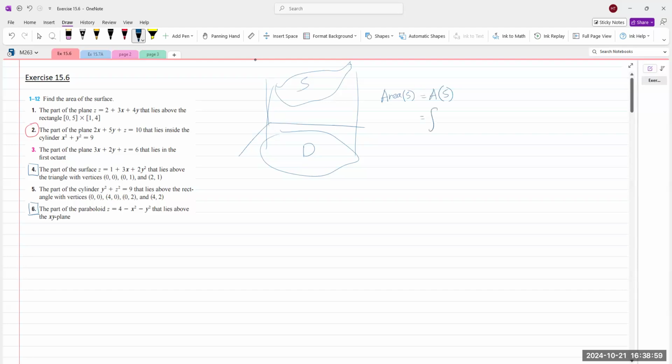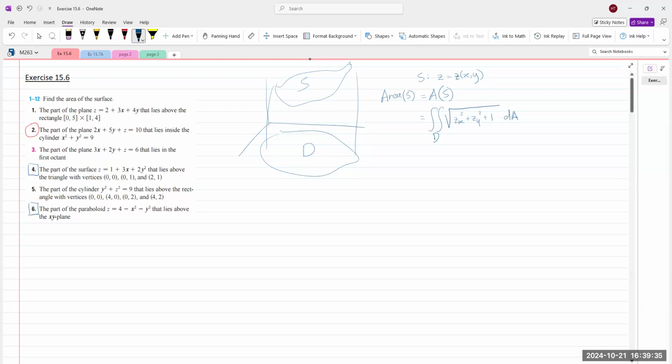That is equal to the double integral over domain D of the square root of z sub x squared plus z sub y squared plus 1 dA, if the surface S is given by z equals a function of x and y.